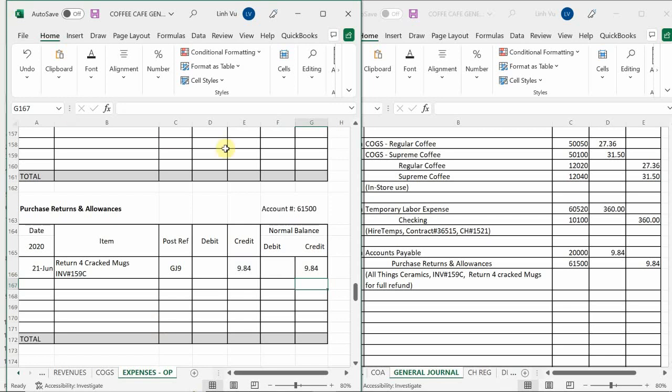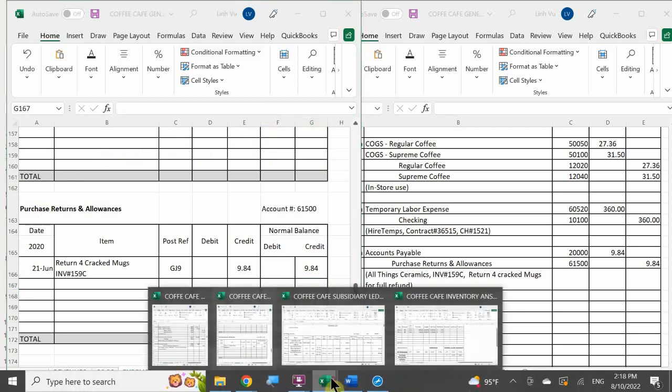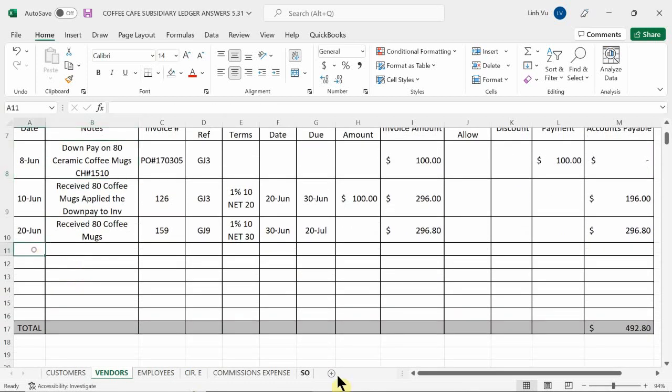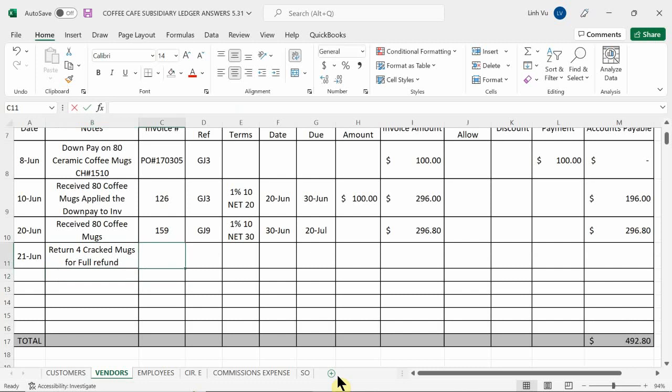We've already updated the inventory, so we go to the subsidiary. And we mark on the 21st that we return 4 cracked mugs, 159C, page 9.